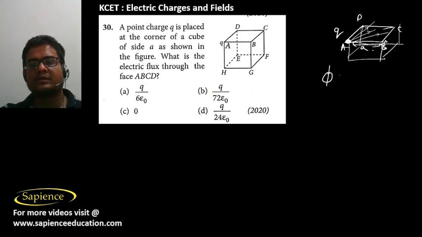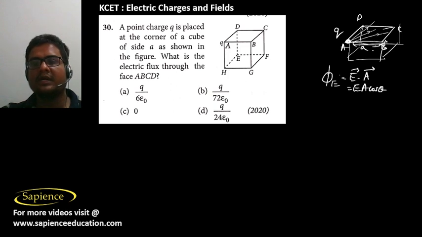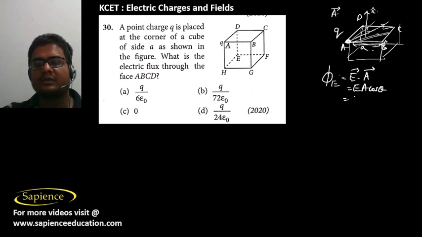Since flux phi E is E dot A, which is EA cos theta, and the electric field lines are going along the surface only, the A vector, the normal vector, is perpendicular to the E vector here.